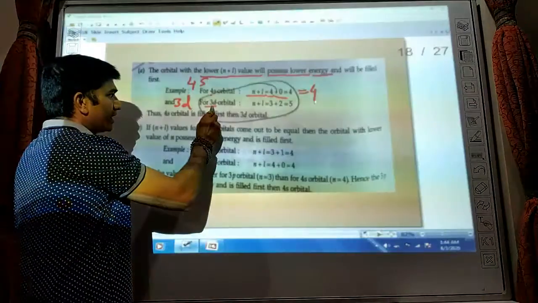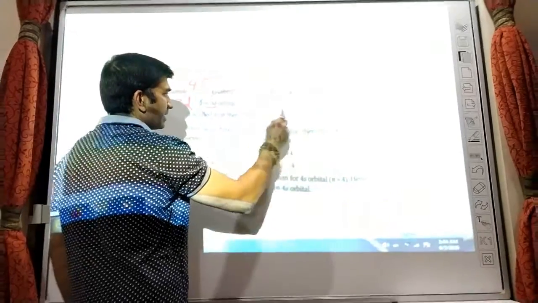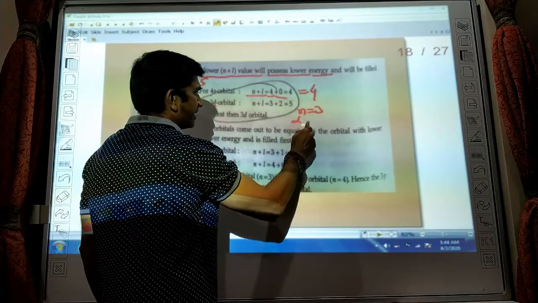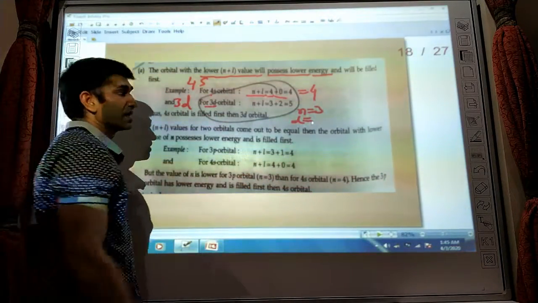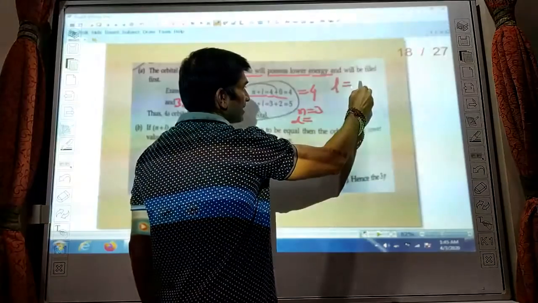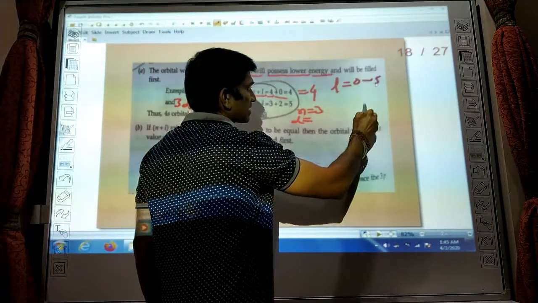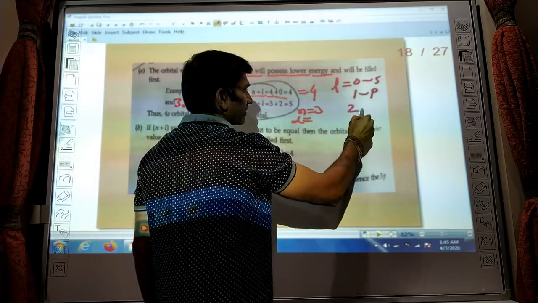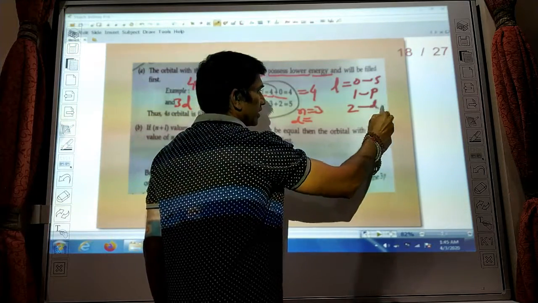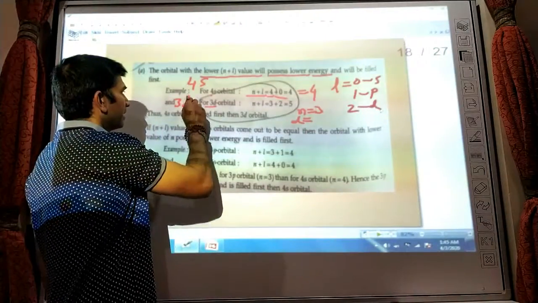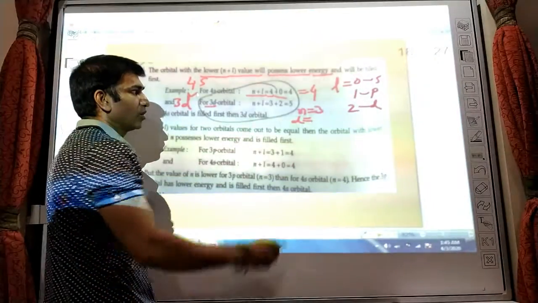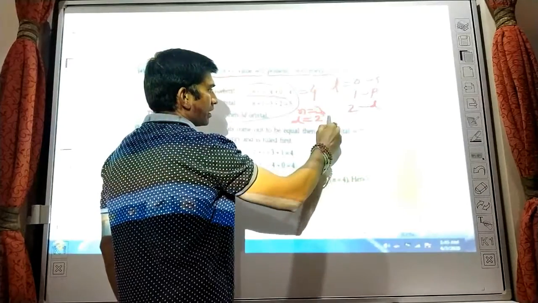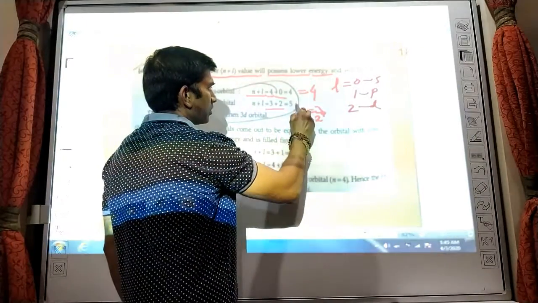And in the case of the 3d orbital, n is 3 and d means, if l is equal to 0, then it is an s orbital, if l is equal to 1, then this is a p orbital, and if l is equal to 2, it represents the d orbital. Here it is d, so l for 3d is 2, and 3 plus 2 is equal to 5.